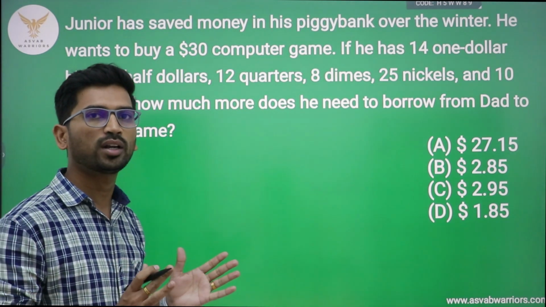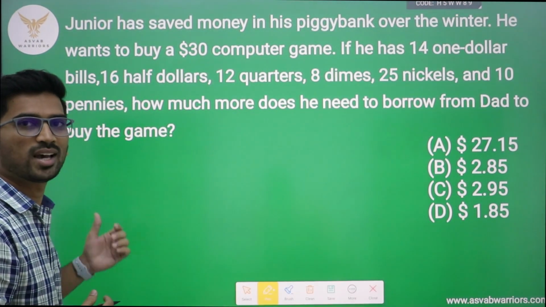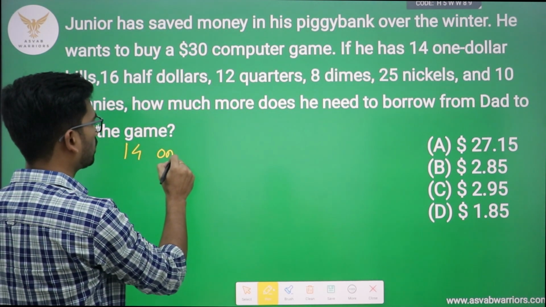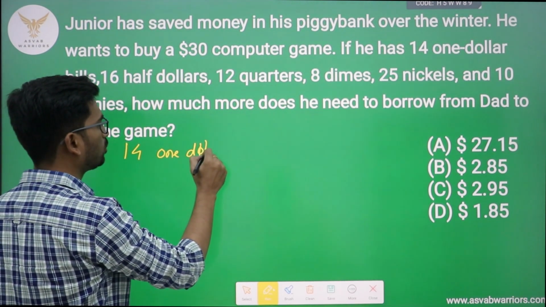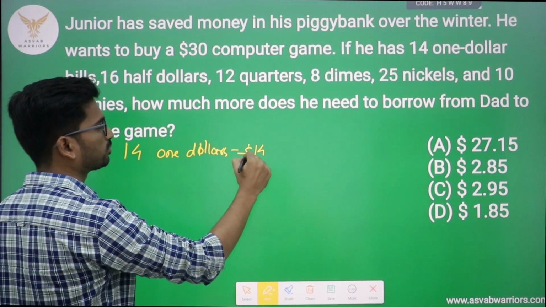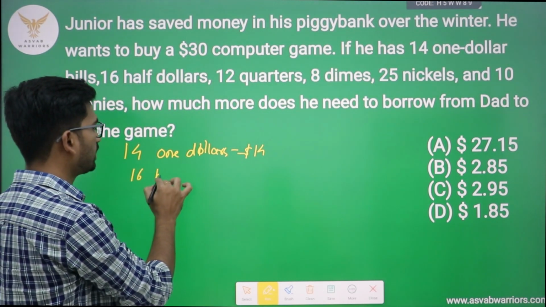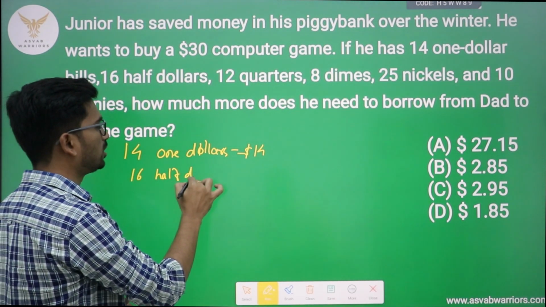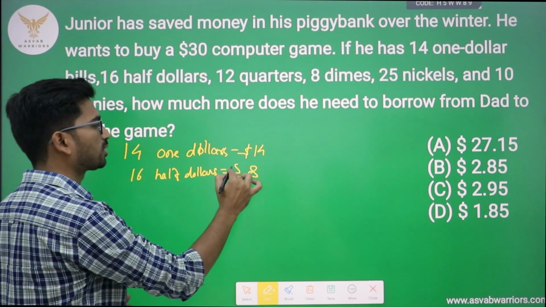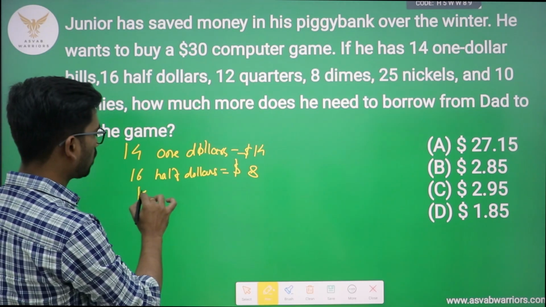Now, we will first calculate how much this is worth in dollar terms. So, he has 14 $1 bills. So 14 $1 bills will be equivalent to $14, correct? Then 16 half-dollar bills will be equivalent to $8. Then 12 quarters.